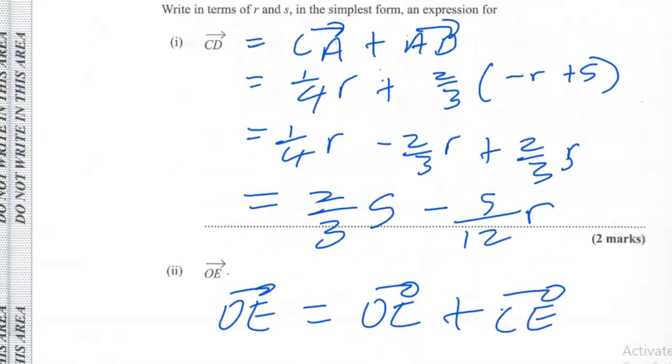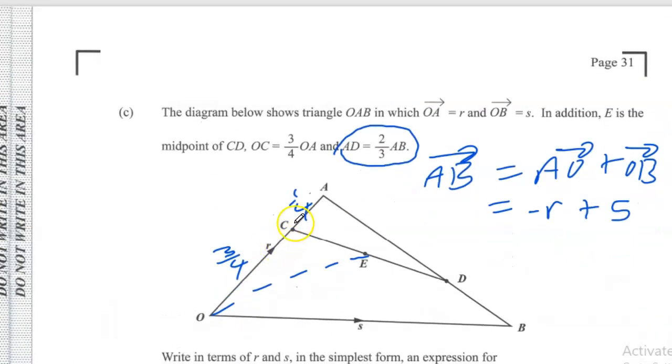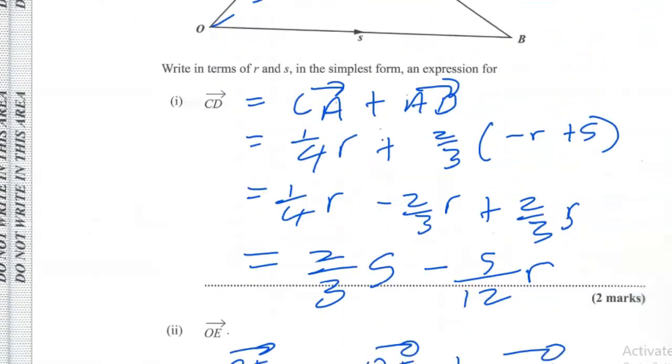And then CE. CE, of course, is half of CD. Notice we are told E is the midpoint of CD. Now, did we find CD? I think we did.